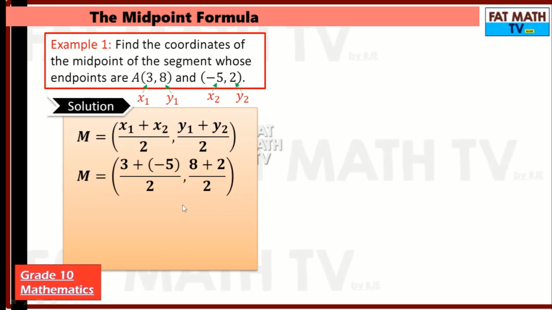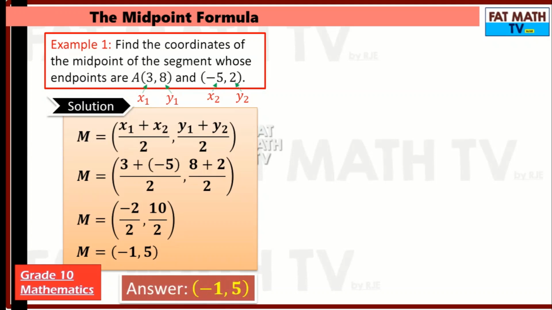Very easy. So 3 plus negative 5 is negative 2, over 2. And then 8 plus 2 is 10, so 10 over 2. So we have negative 1, 5. So the midpoint of the line segment whose endpoints are 3, 8, and negative 5, 2 is negative 1, 5.